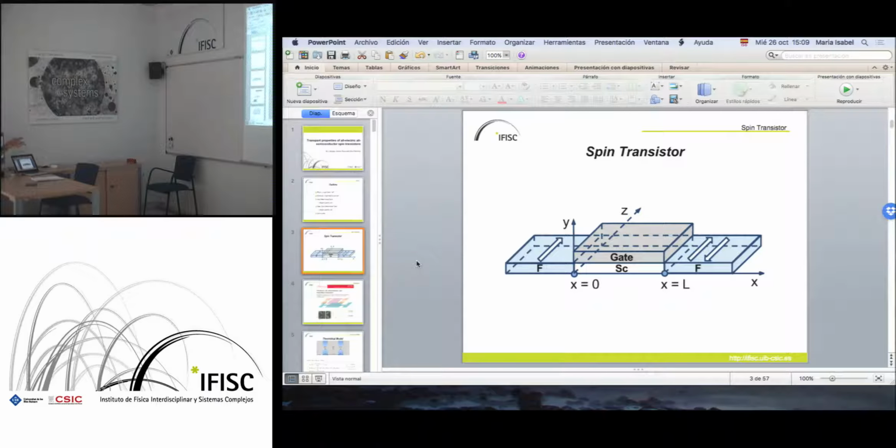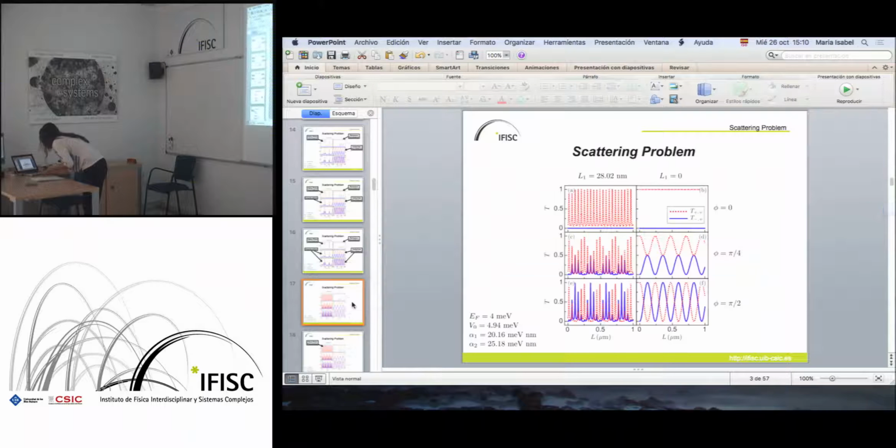Yes, this is in the parallel configuration. I say that in the parallel configuration we don't have a polarized current, because you inject a positive-spin electron and you only recover positive-spin electrons, and the system is completely transparent. Here I don't have anything polarized.